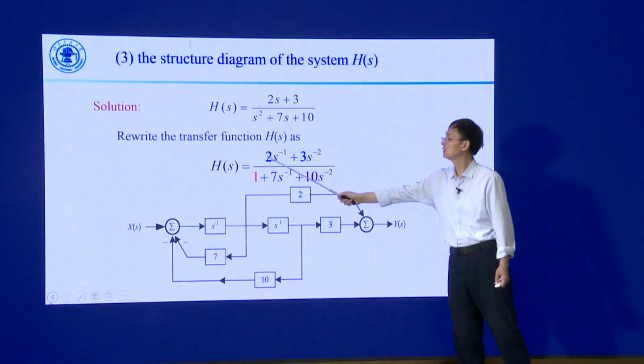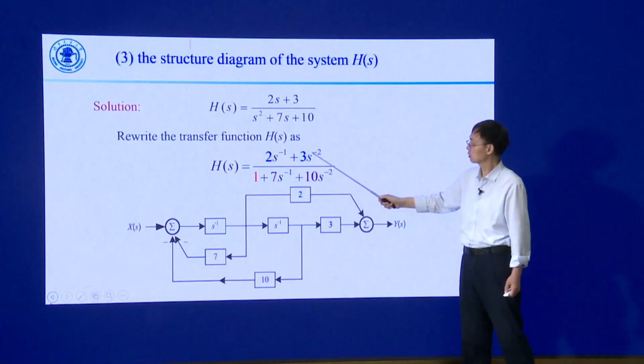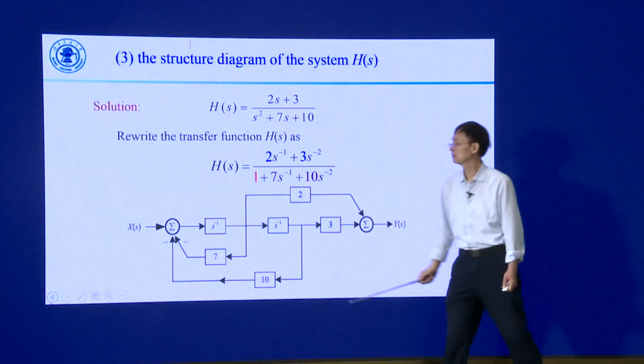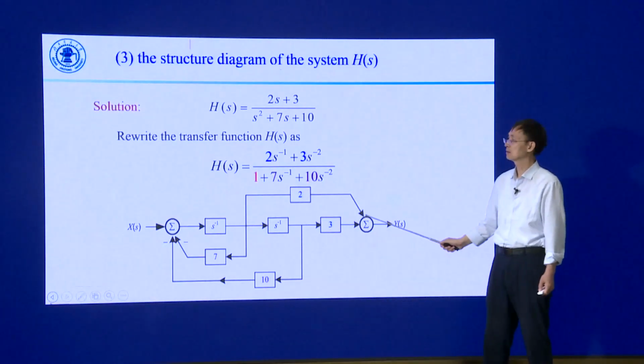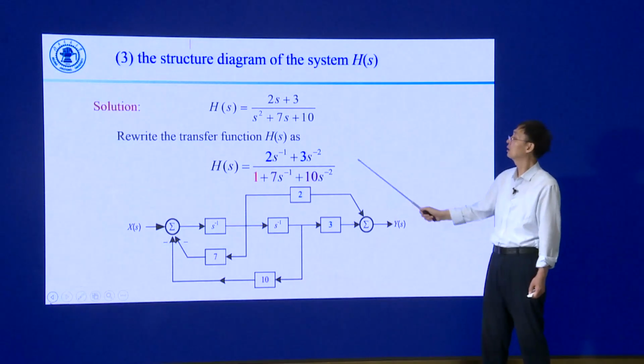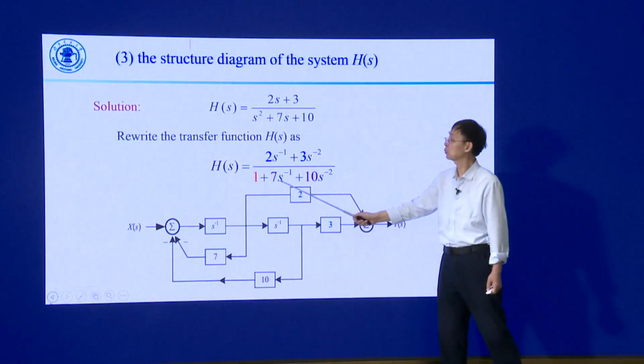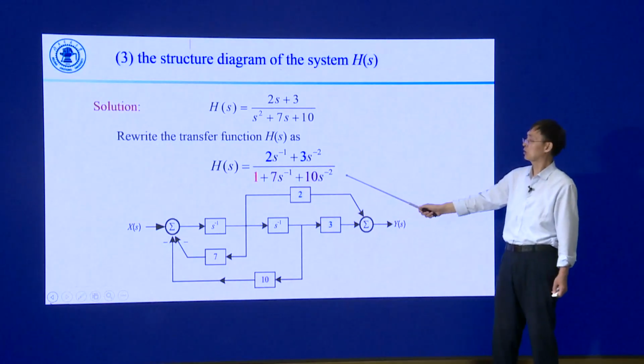These two correspond to these two. 3, 7, 10. The forward path corresponds to the numerator. The feedback path corresponds to the denominator.